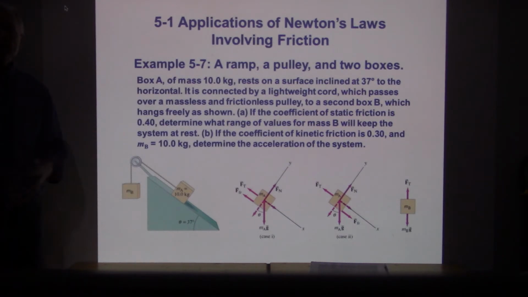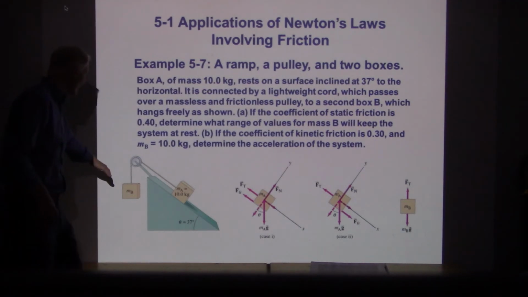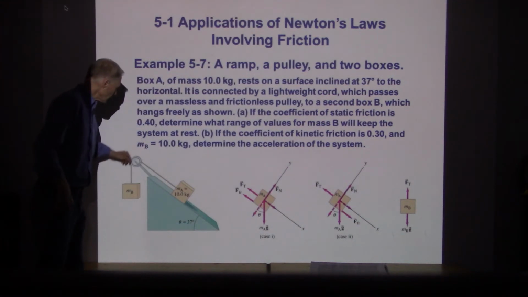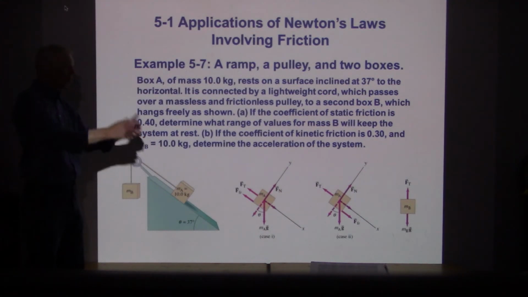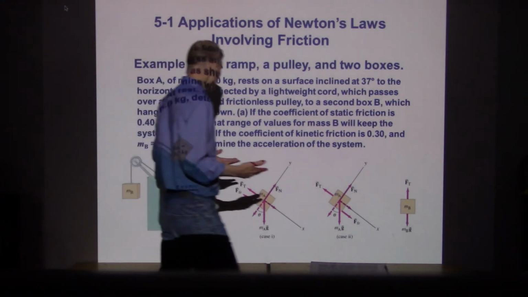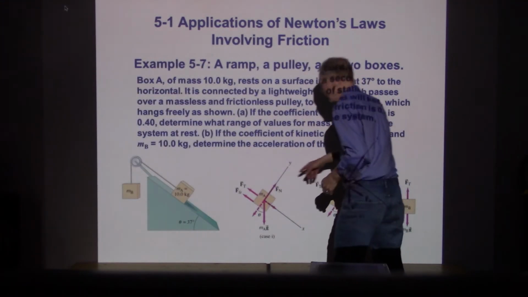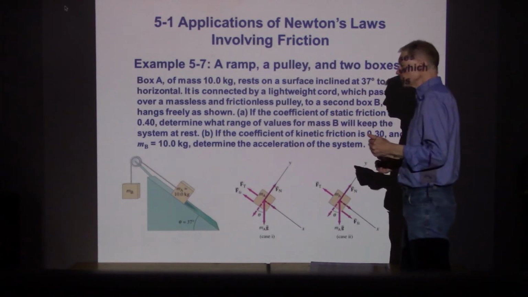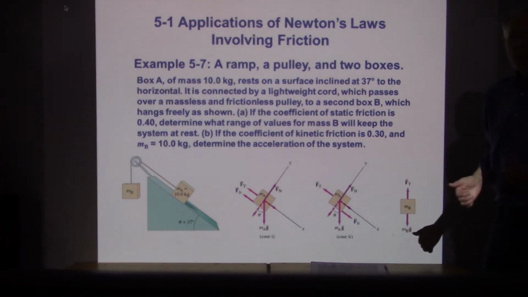If you go back and look at the example from chapter 4, you'll see that there were ranges of MB that allowed this to slide down the incline. Larger values of MB would pull the object up the incline. And now friction is going to reverse. The static friction could go either direction depending on how large mass B is.